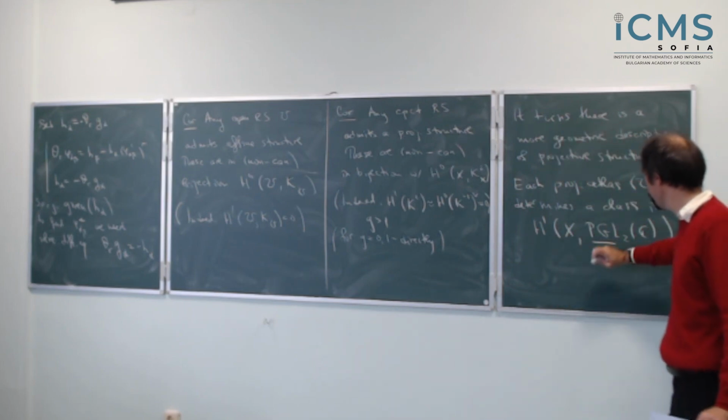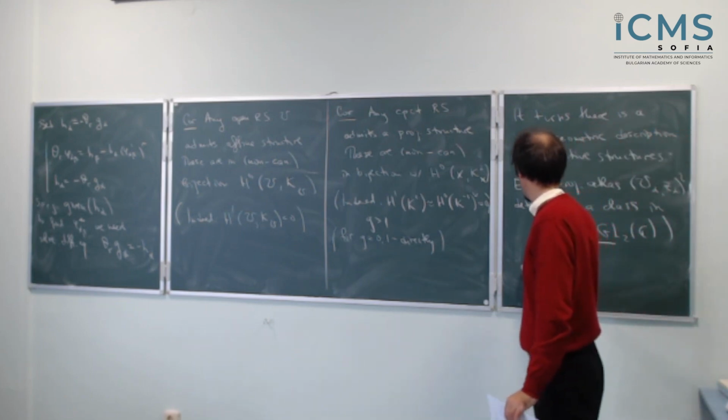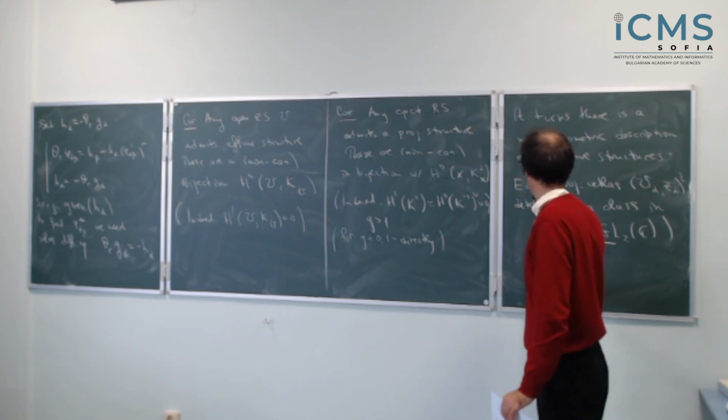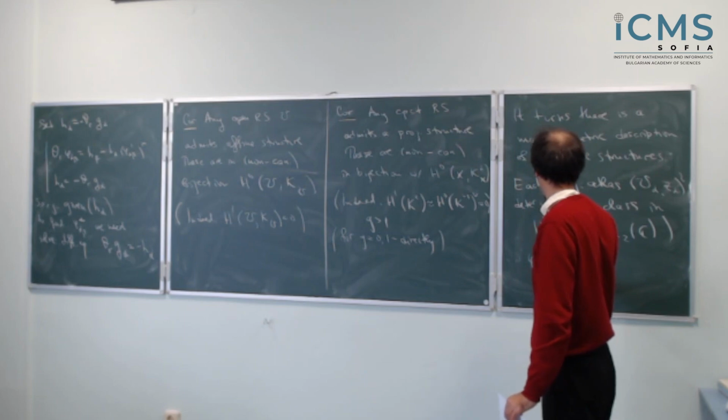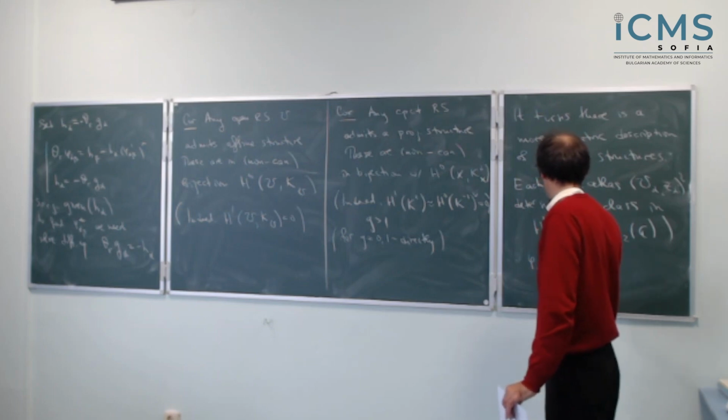This is not the sheaf whose sections are maps from the base to PGL2. This is the sheaf whose sections are locally constant maps from the base to PGL2. So the P alpha delta belong to PGL2(C), and they satisfy the cocycle condition.